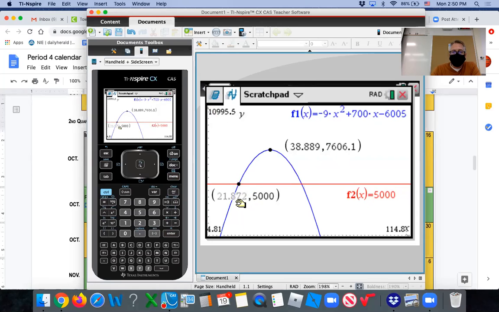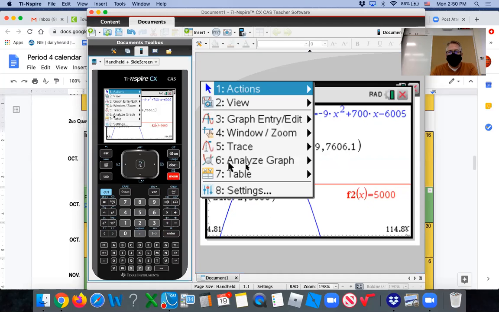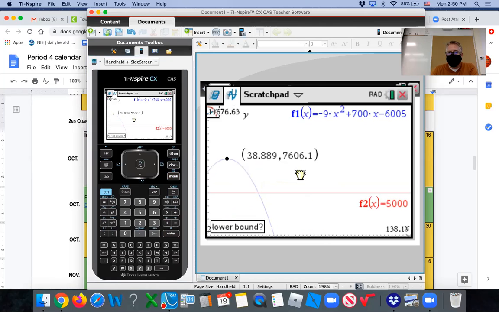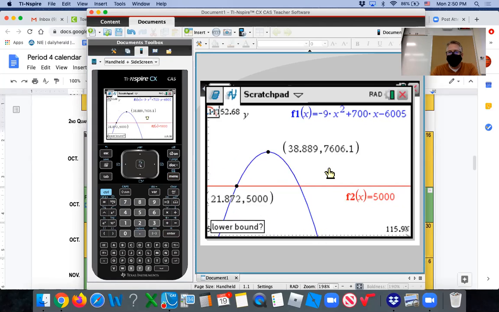So there is the first intersection, which means I would have to produce 22 widgets to make $5,000. And then I could do the next one. Did it again. Sorry. And if I produced 56 widgets, I would also make $5,000.